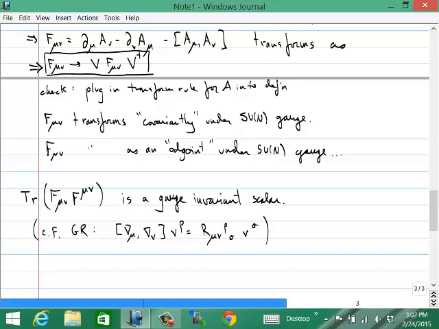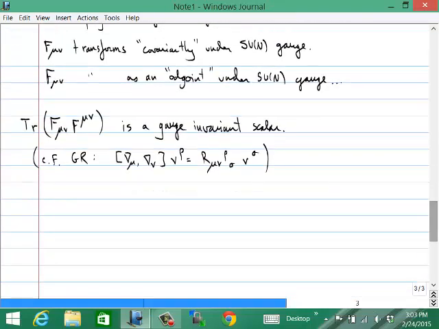Yeah. But the important point is that just as the Christoffel symbol in general relativity is not a tensor, the gauge field in a Yang-Mills theory does not transform covariantly under a gauge transformation. It picks up these extra terms. Yeah, that's a good question, actually.